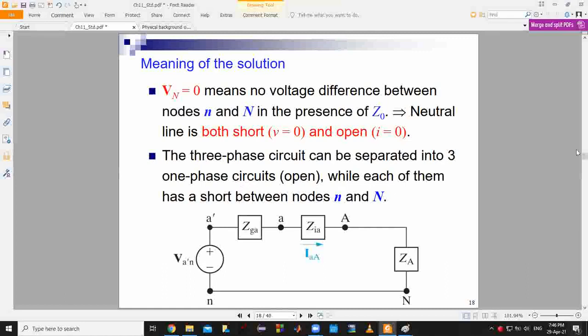So we can represent it either way. So instead of solving the whole three-phase system, we can solve a single phase, and with the knowledge of the phase difference that we know, we can get the other voltages of the other phases.